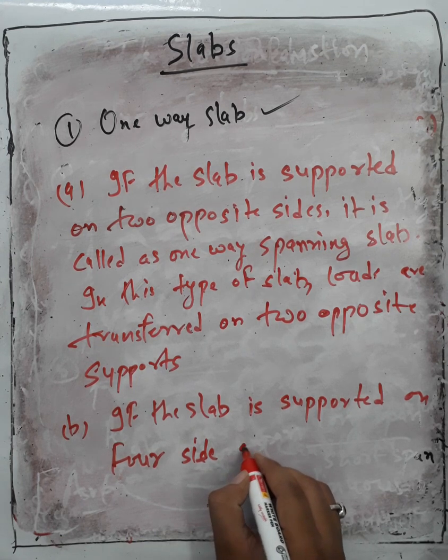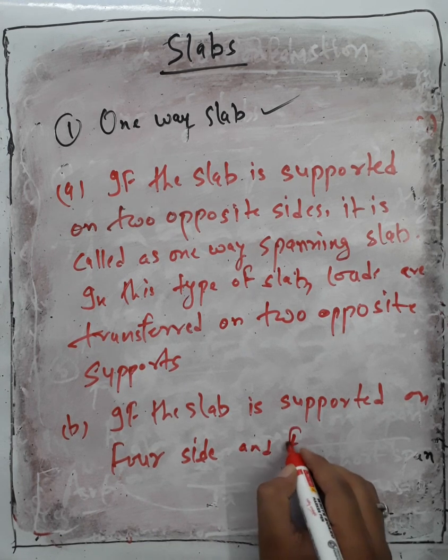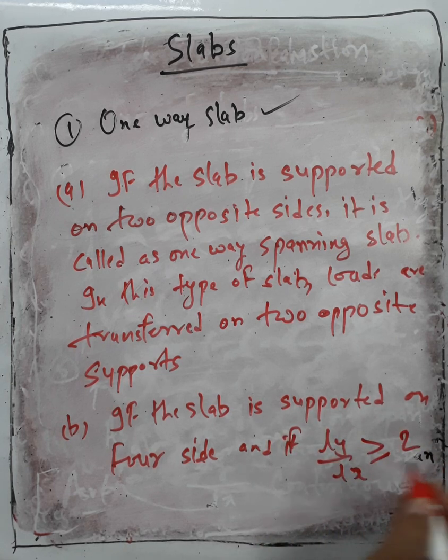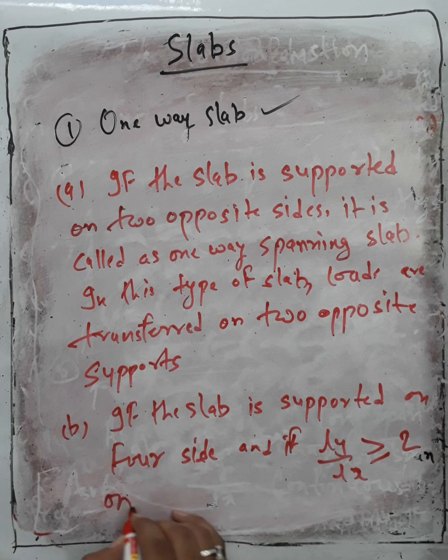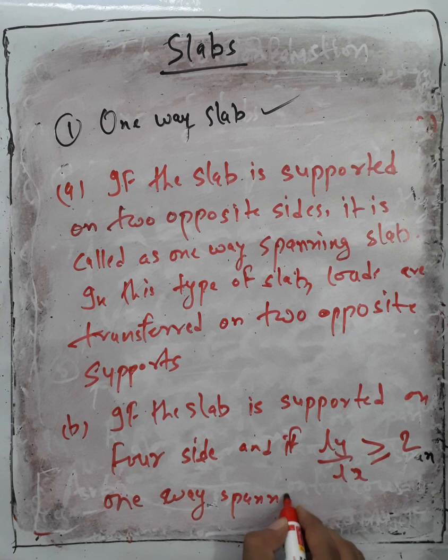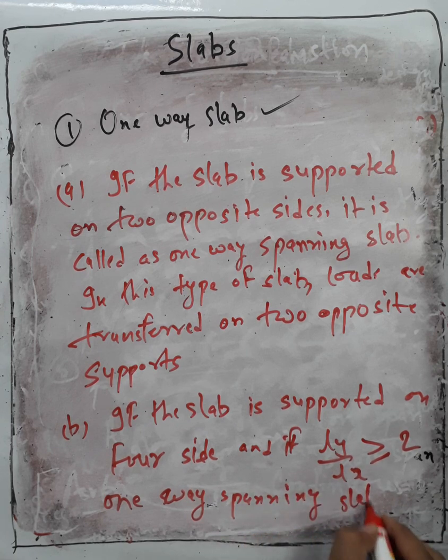With four sides, if the Ly by Lx ratio is greater than or equal to 2, then it is called a one way spanning slab.